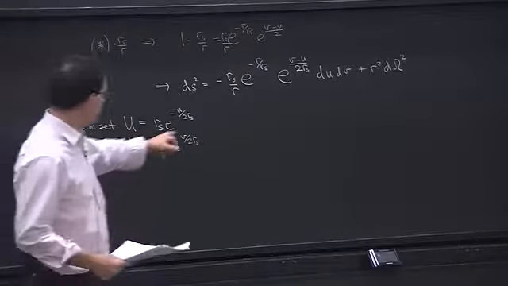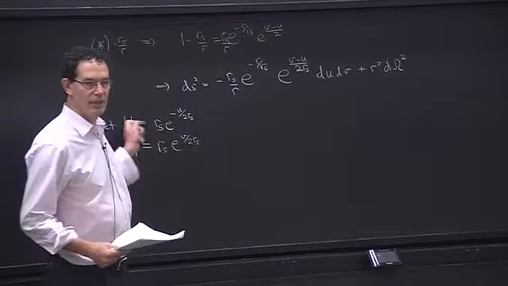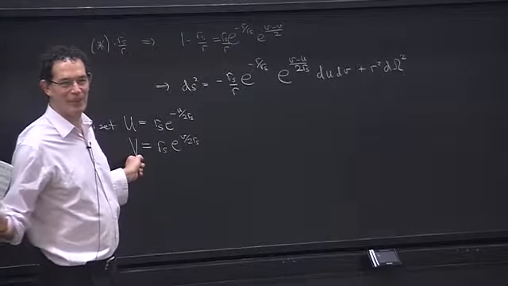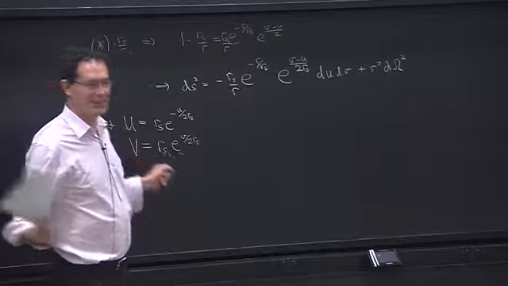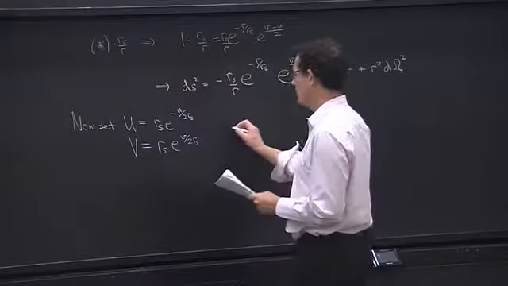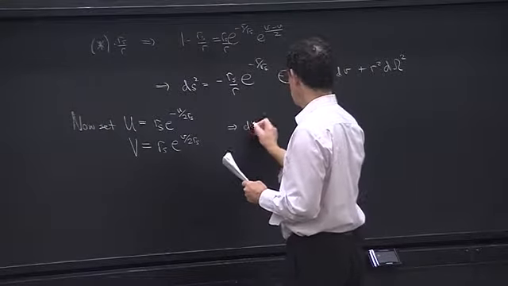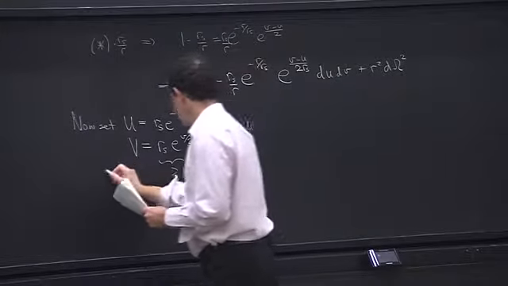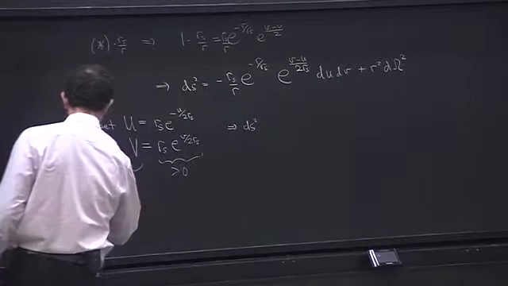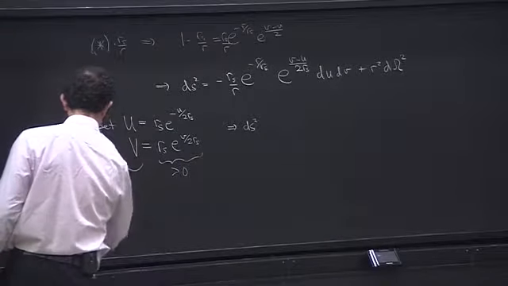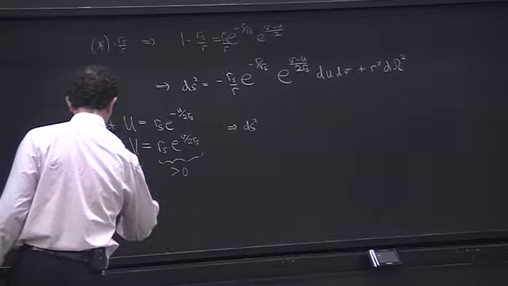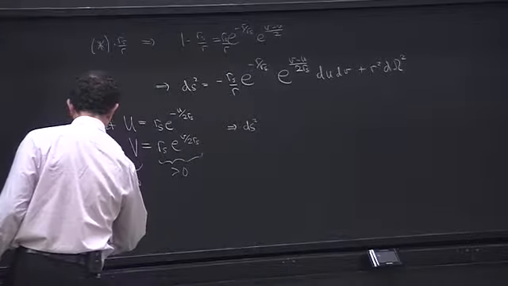Because the right-hand side is totally positive. The left-hand side I'm going to extrapolate to negative capital U and capital V. Okay? And so what happens is that ds squared, so these are positive, but these we're going to extrapolate to negative values.